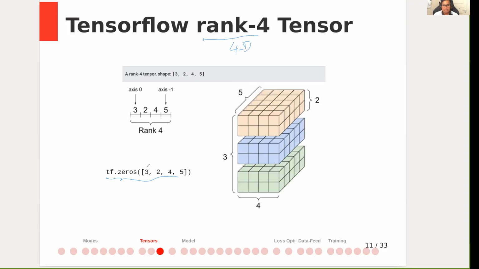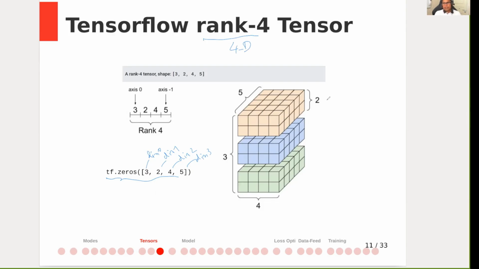So this is dimension 0 and dimension 1, dimension 2, and dimension 3. So this is a 4-dimensional tensor since it has 4 dimensions, and we also call it a tensor of rank 4. And dimension 0 has the corresponding axis 0, dimension 1 has axis 1, etc.